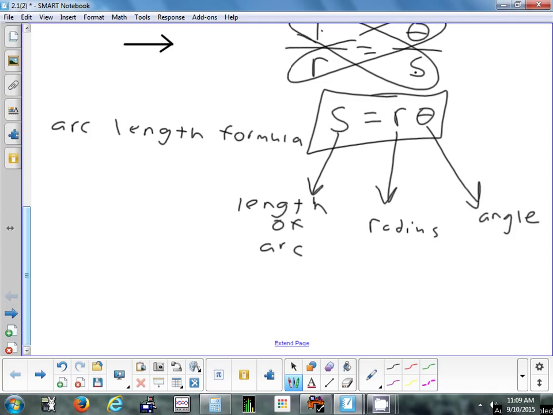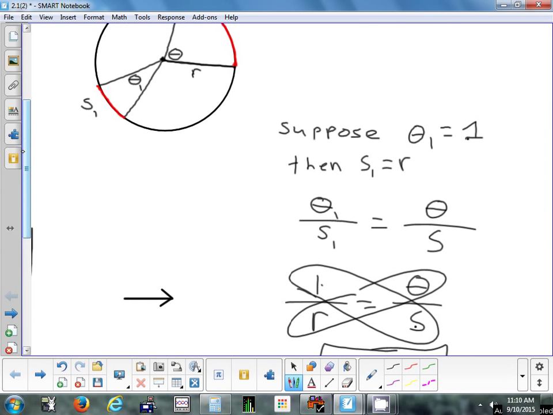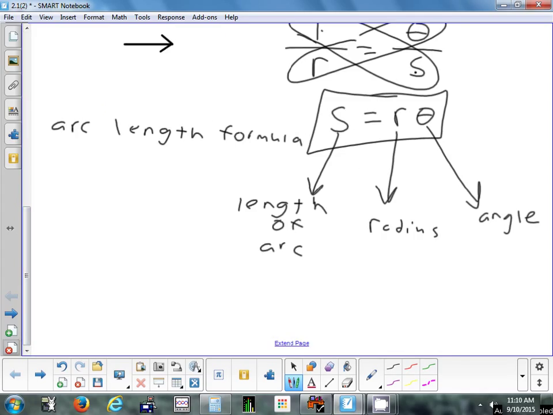Think about way back, the very first step. We made this assumption here. We supposed that theta 1 was how much? 1 what? Radian. All right, we built this whole problem based on the fact that this angle was 1 radian. So when we use this formula, we have to make sure our angle is in radians.